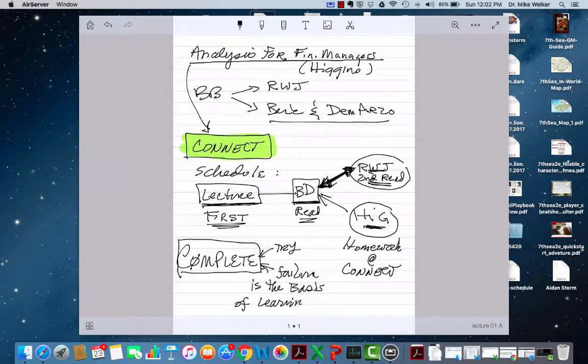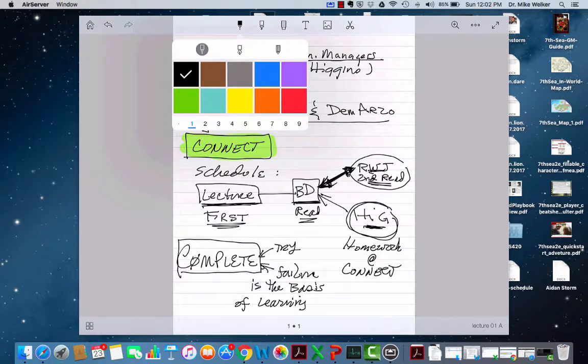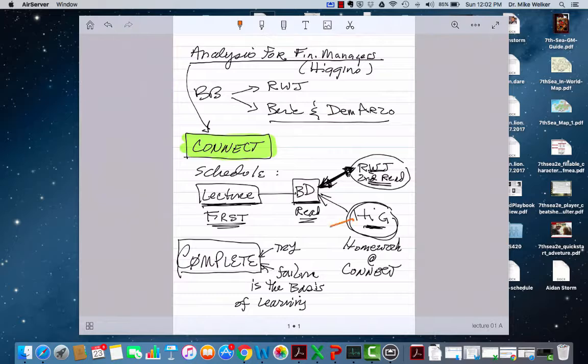The way things will work especially is the Higgins book. This Higgins text is really the key to completing the homeworks. And I like Higgins because it's very, very readable.